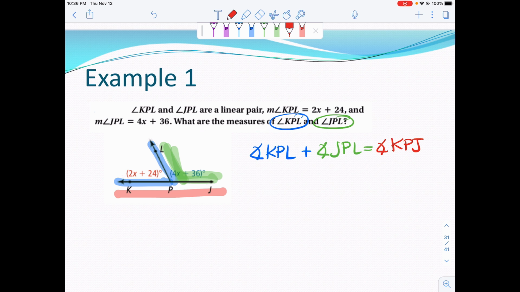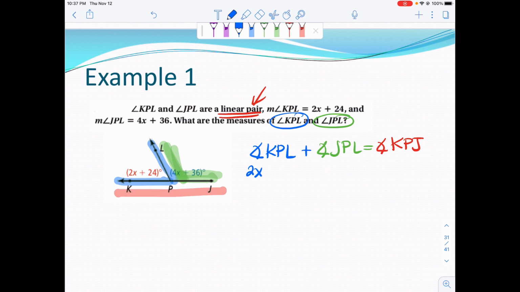Now at this time, I'm going to let you press pause and solve the problem on your own. Remember, the key things you have to think about are that if it says linear pair, they have to be adjacent and they are supplementary. All right, so press pause and go ahead and solve for it. I'm pretty certain that gave you enough time to do the problem because you pressed pause. So let's go ahead and begin.